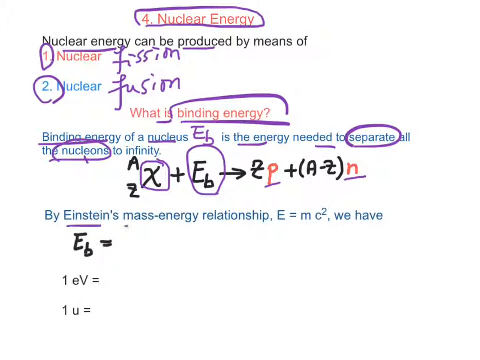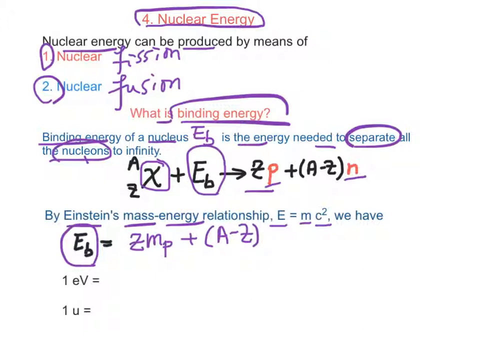By Einstein's mass-energy relationship, energy equals mass times the square of the speed of light, E = mc², we have the binding energy equal to Z times the mass of a proton plus (A minus Z) times the mass of a neutron, minus the mass of nucleus X. Then multiply the mass decrease by the square of the speed of light.